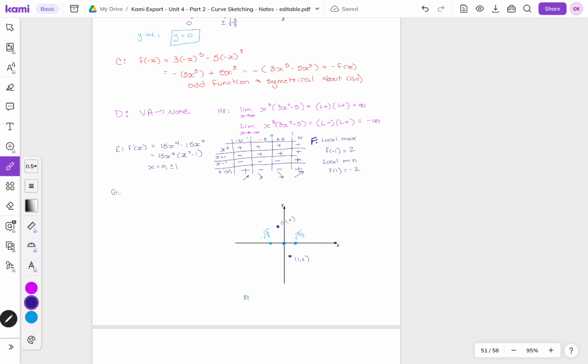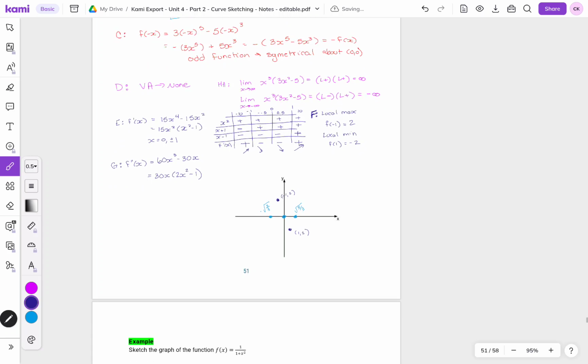All right, G is our concavity, which means I need my second derivative. So 15 times 4, we're going to have 60x cubed minus 30x. So we're going to pull out a 30x. It's going to leave me with 2x squared minus 1.